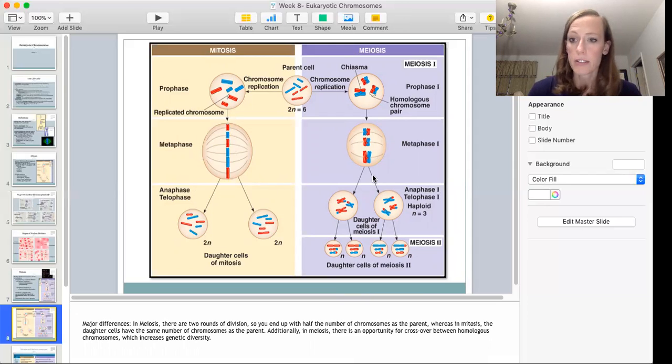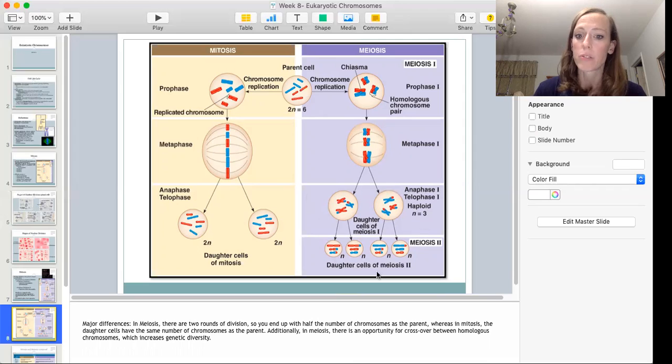In meiosis, you can obviously see there's a distinction at the metaphase plate where you've got the homologous chromosomes lining up, okay? And then the first anaphase and telophase that produce the daughter cells of meiosis 1 will still have the sister chromatids together.